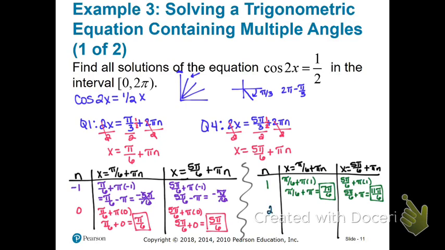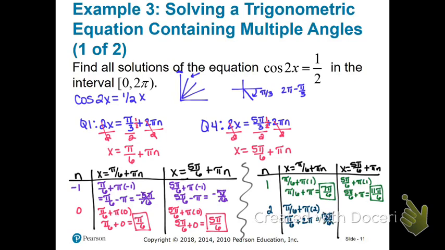So let's try 2. So pi over 6 plus pi times 2. And I got 13 pi over 6. Is that between 0 and 2 pi? No, because remember 2 pi is 12 pi over 6, so this is too big.